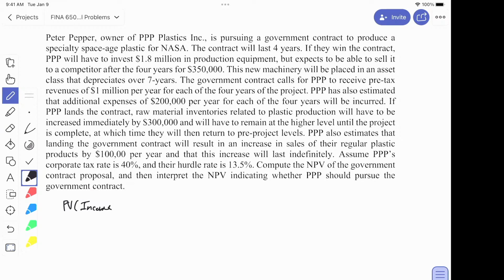PV of income. Which portions, I'm going to mark them with a red underline, which portions of the problem are income? So I'm going to read this through and you stop me when it should be considered part of income.